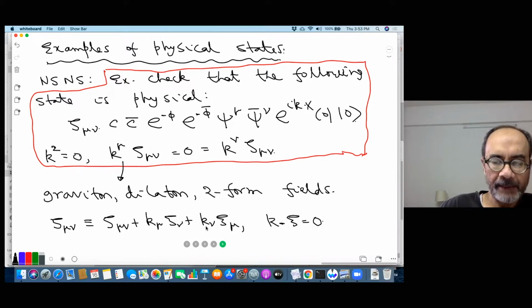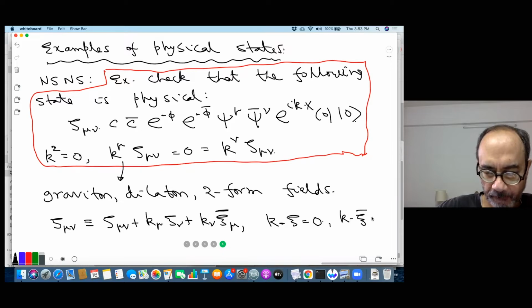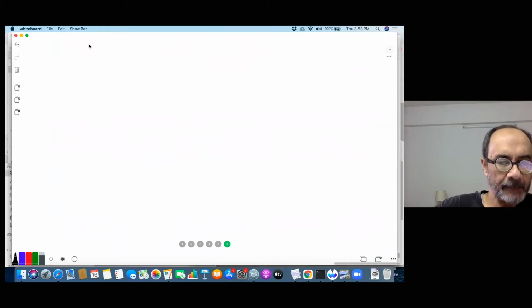This you can interpret as gauge transformation. Right, this is xi bar, with k dot psi equal to 0 and k dot psi equal to 0. Okay. The second exercise I'll give you is to check the absence of tachyons.